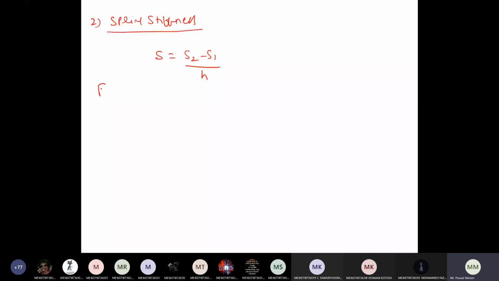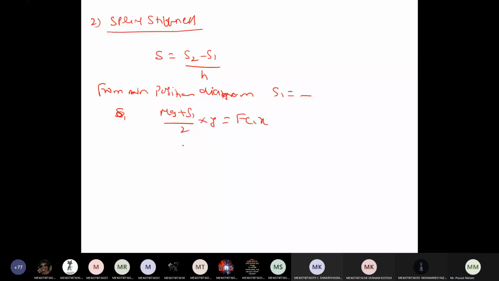I'm writing here the minimum position diagram. S1 we need to find. I'm writing the static equation or taking the moments about the point. Mg plus S1 by 2 into y is equal to FC1 into h.